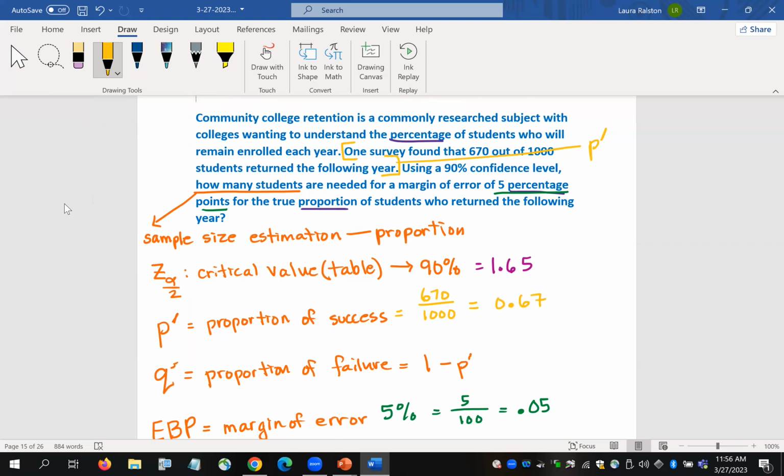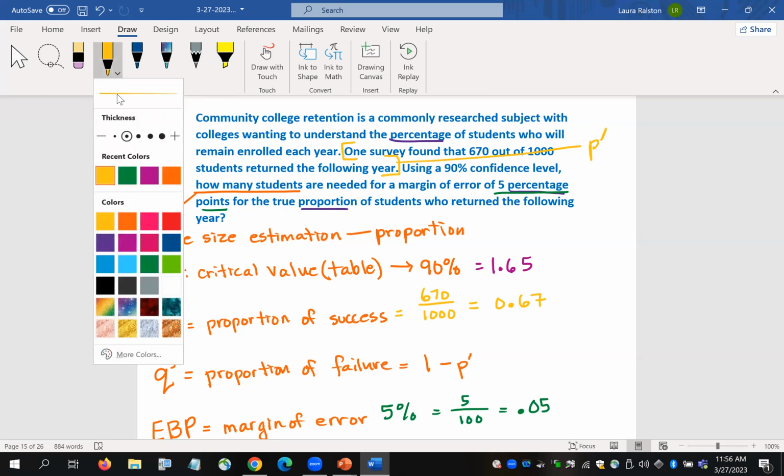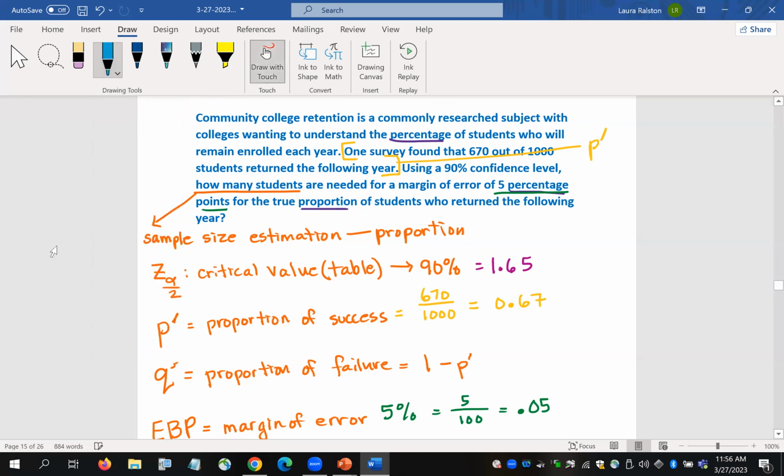If my success is 67%, I then have to calculate what my failure is going to be, which would be 1 minus the 67%, whatever's left. 1 minus the 67% is 0.33.